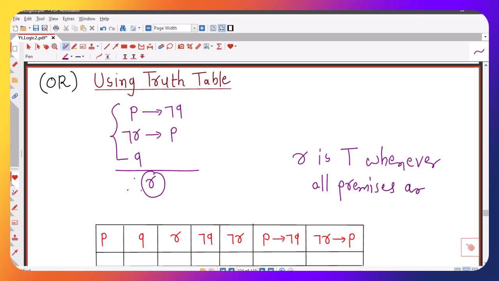Whenever all premises are true implies that the conclusion is also true, then we can say that the given argument or argument form is valid.